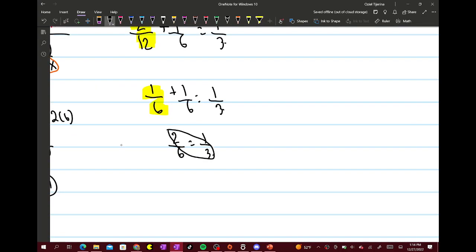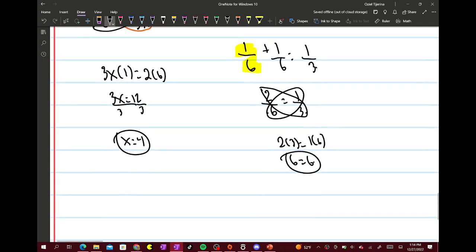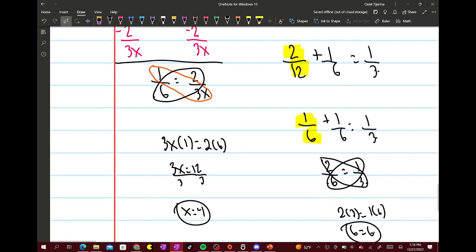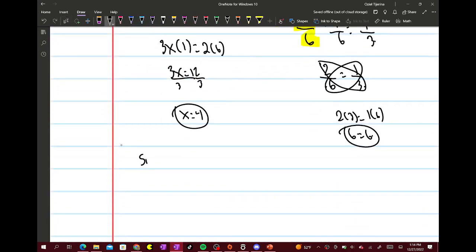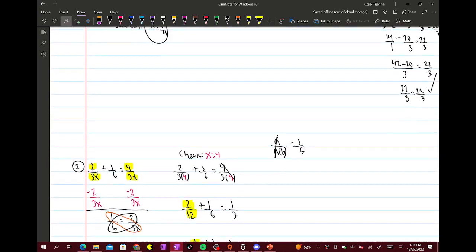If you do this, you have 2 times 3 equals 1 times 6, so 6 is equal to 6. And you know that's correct, right? So your solution is x equals 4. I'm trying to go a little bit faster, guys, because this is pretty basic.